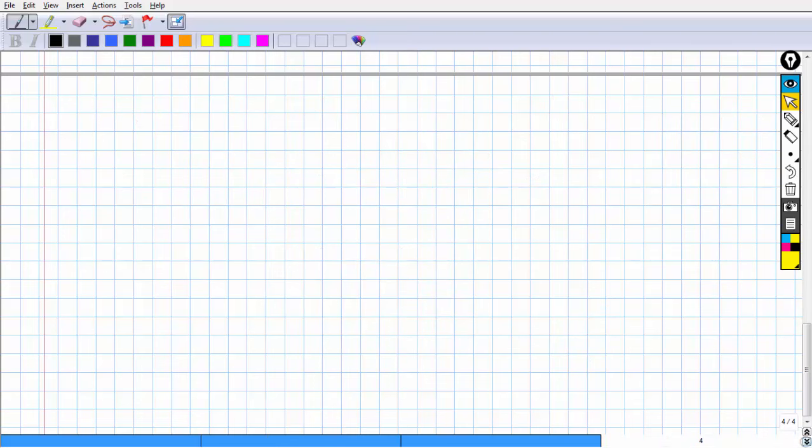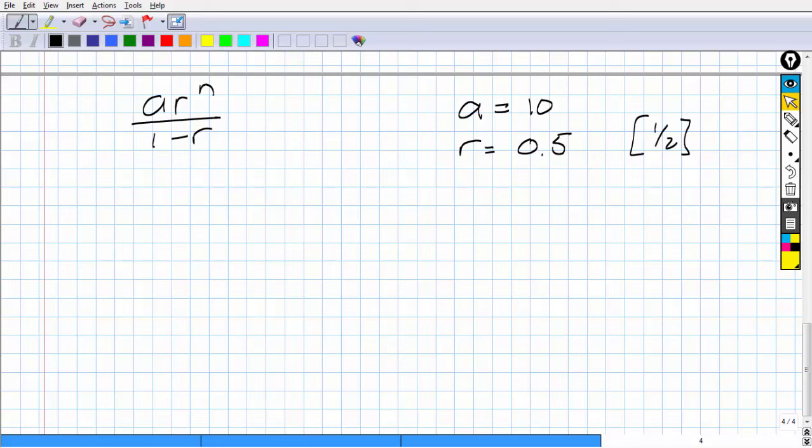And now that we have that, let me just write it again, a r to the power of n over 1 minus r, we can substitute our values for a and for r. We know that a is the first term, which is 10, and r is the ratio, which is a half, 0.5, or you can literally write it as a half, it makes no difference. Then we substitute those values in.